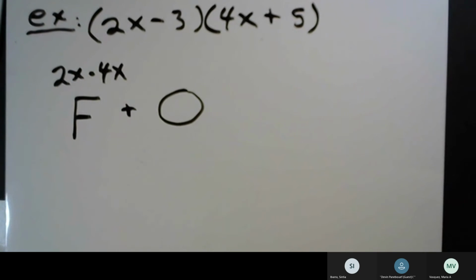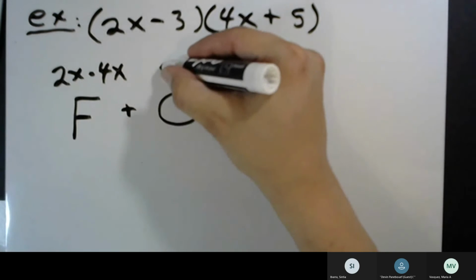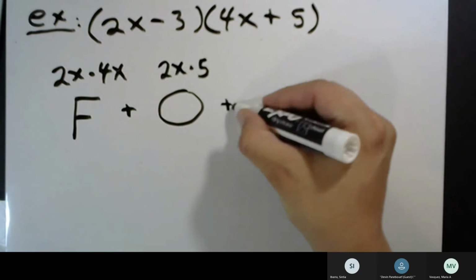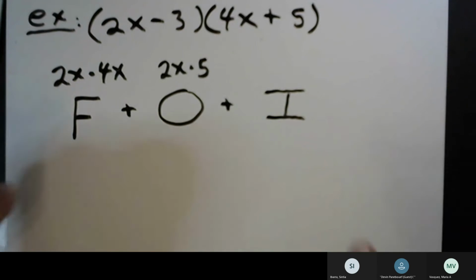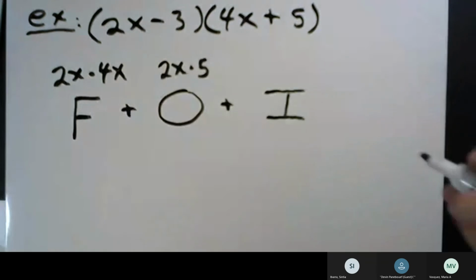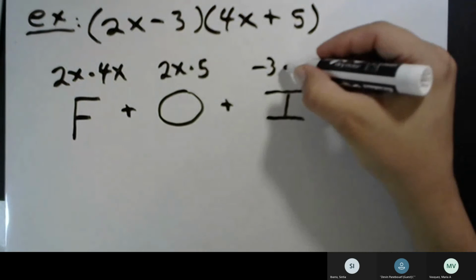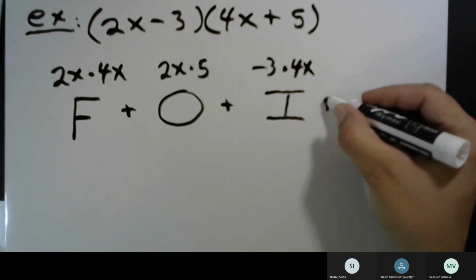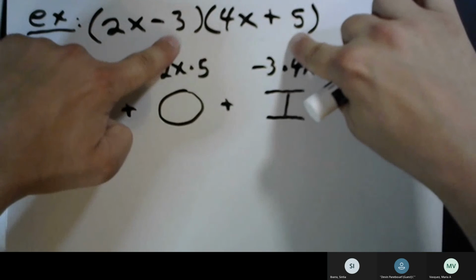And then we'll add to that the product of the outer terms of the multiplication. So 2x times 5. And then the product or multiplication of the inner terms. And the -3, the negative will go along, times 4x. And then the product of the last terms.